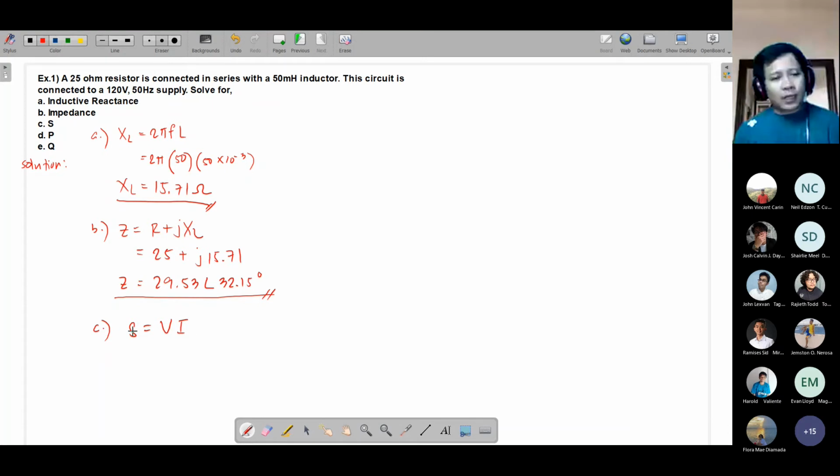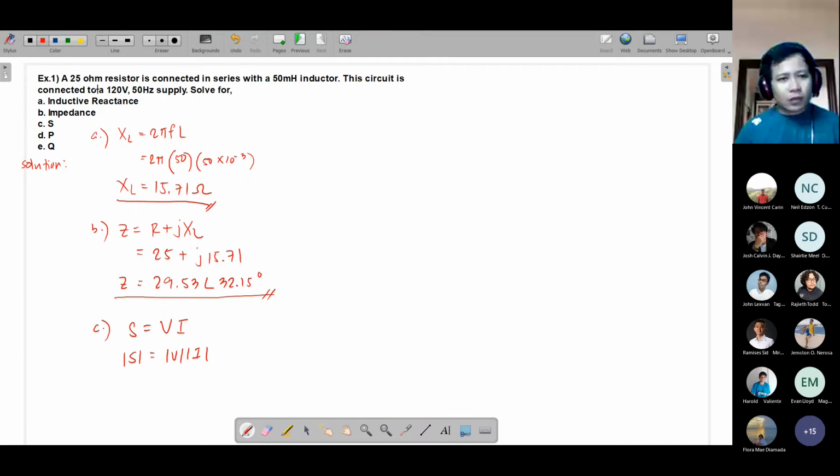But if you need the vector quantity of the apparent power S, then you should also provide the vector quantity of the voltage and of the current.